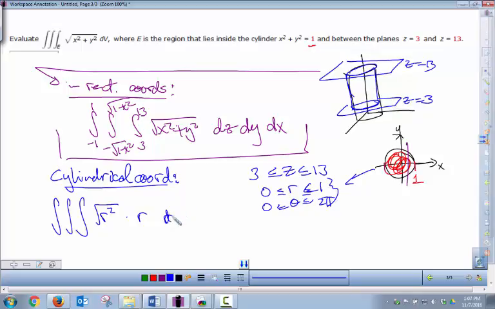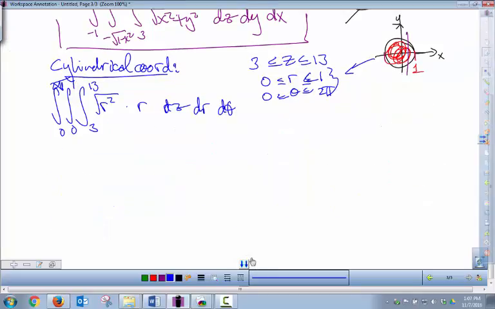So let's integrate with respect to z in the order that we wrote it, 3 to 13, with respect to r from 0 to 1, and then with respect to theta from 0 to 2 pi. And now in general, I don't really like doing integrals in class anymore, but this one is so easy that I can't really help it.